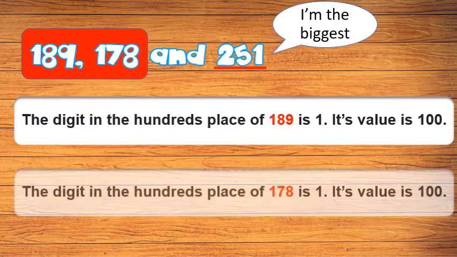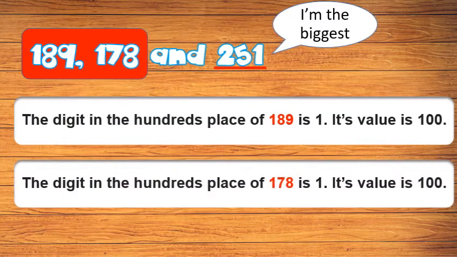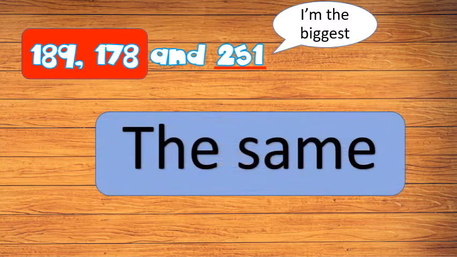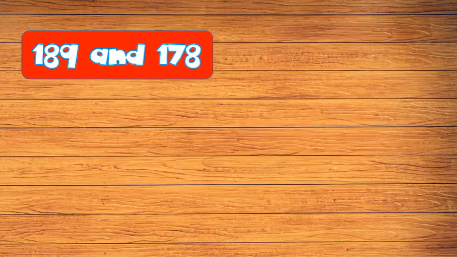The digit in the hundreds place of 178 is 1. Its value is 100. Both of them have the same value in hundreds place. When both numbers have the same value in the hundreds place, we are going to move on to the next place, which is the tens place.